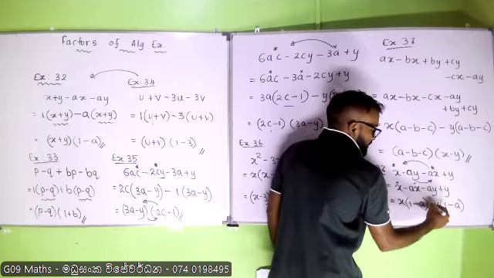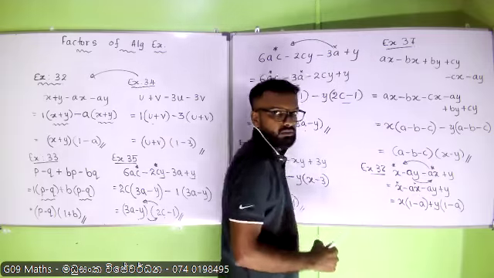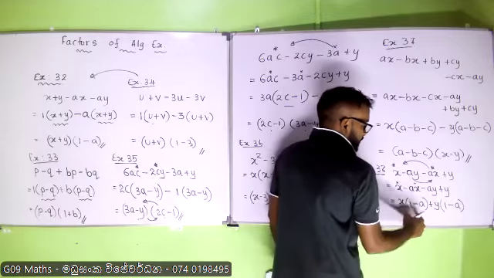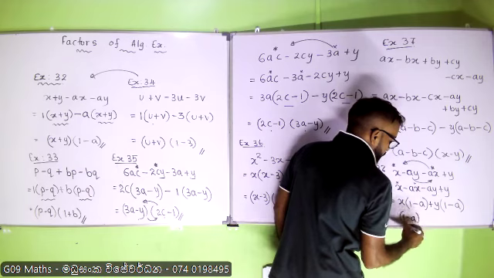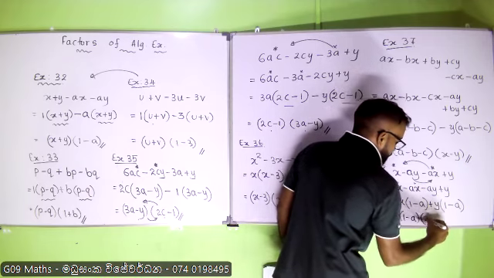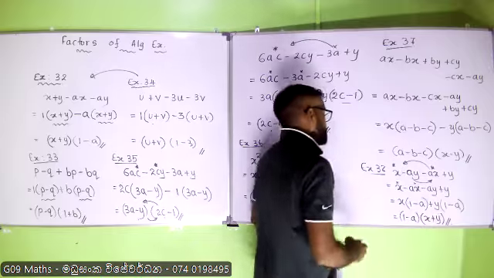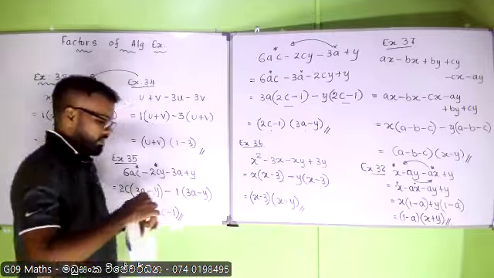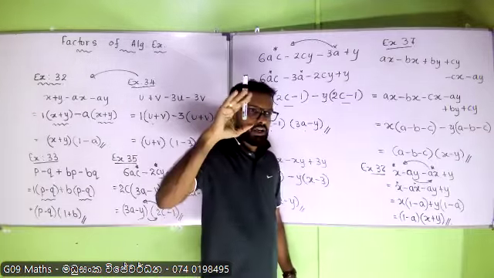Only the term is changed, right? So you have to take positive y out. Right? So 1 minus a, 1 minus a. Take 1 minus a out from the bracket. So write the rest, x plus y. Anyway, I am telling you the easiest way.